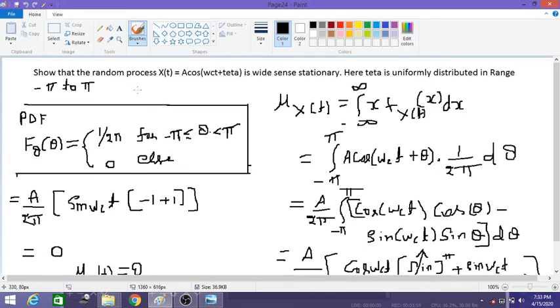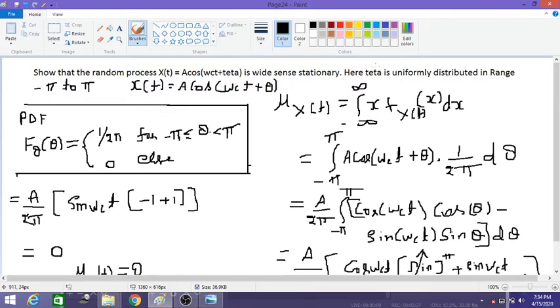The random process is given, that is x of t is equal to a cos of omega ct plus theta. So this is given as a wide sense stationary process, and here theta is uniformly distributed over the range of minus pi to plus pi.